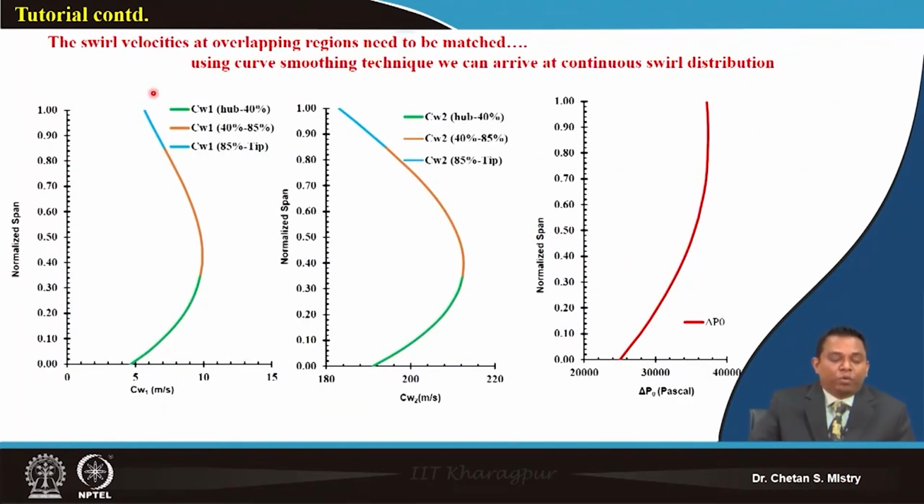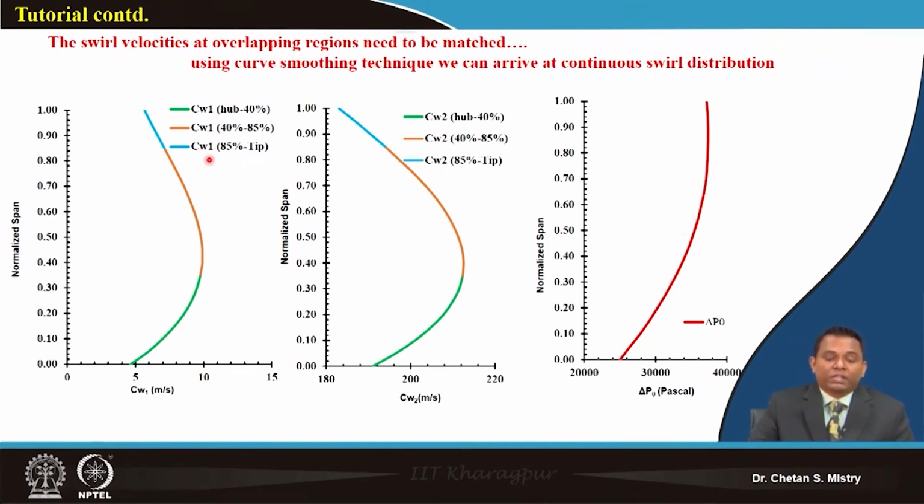Here this represents the distribution of CW1 at entry from 0 to 40% span, from 40% to 85% span, and from 85% span to the tip region. In line with that, this represents the distribution of CW2, and based on that, if we put our I and calculate our delta P0, this represents the loading.